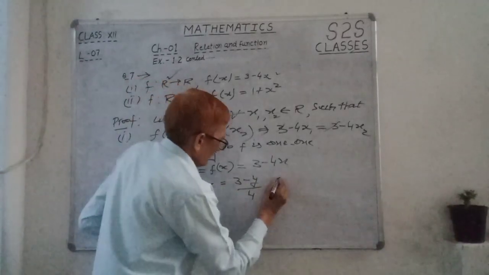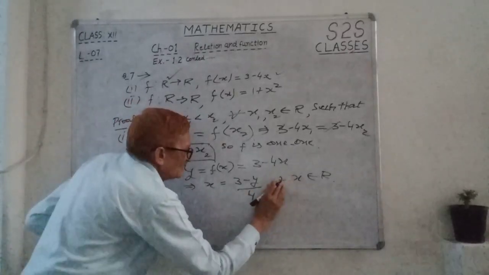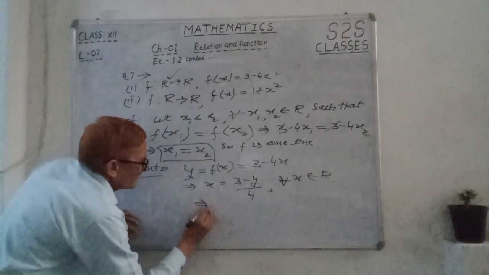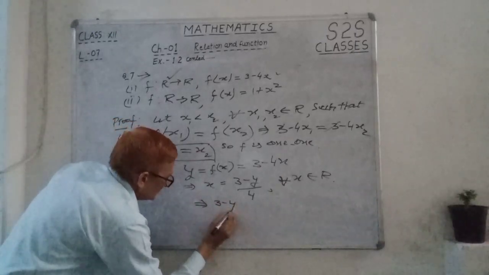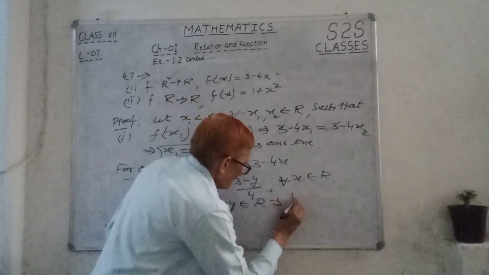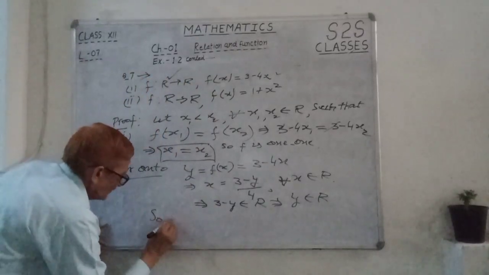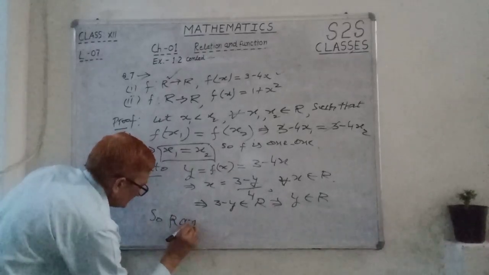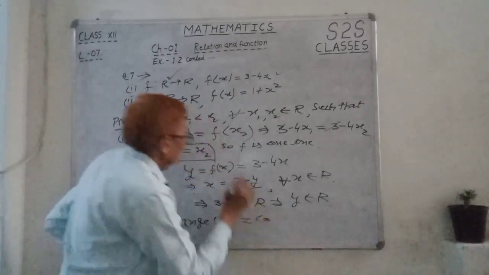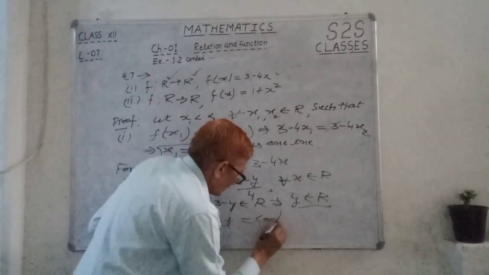For every x belonging to real numbers, 3 minus y belongs to real numbers, this implies y belongs to real numbers. So the range set is equal to the codomain set, because the codomain is the real number set and the range is also the real number set.